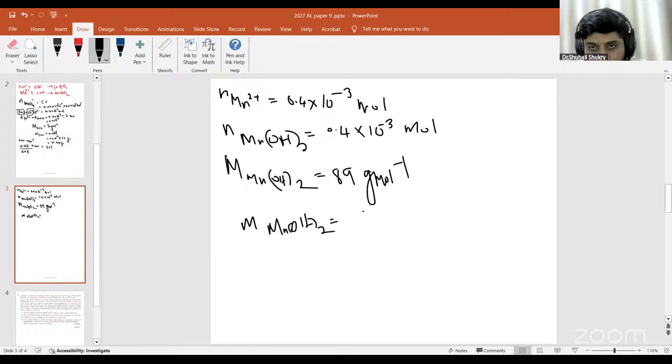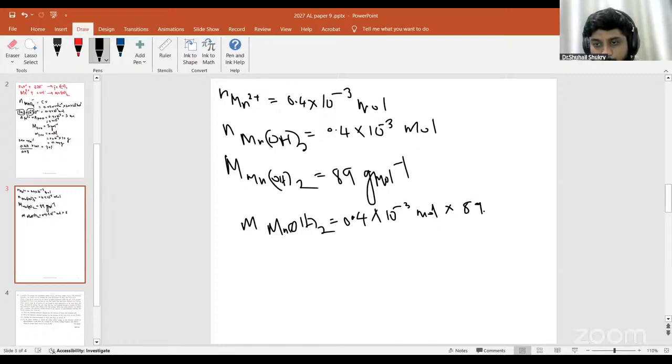Mass of manganese hydroxide will be how much? 0.4 into 10 to the minus 3 mole multiplied by 89 grams per mole. If you multiply this, 4 into 9 will be 36, 4 into 8 will be 32, and 3 more gives 35.